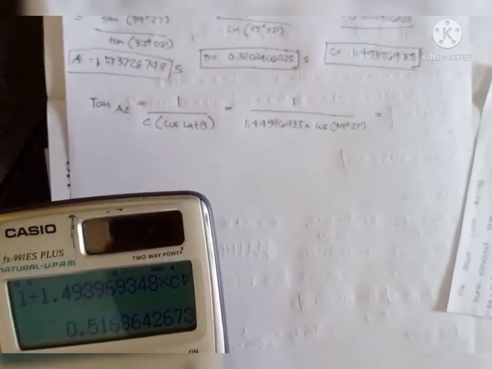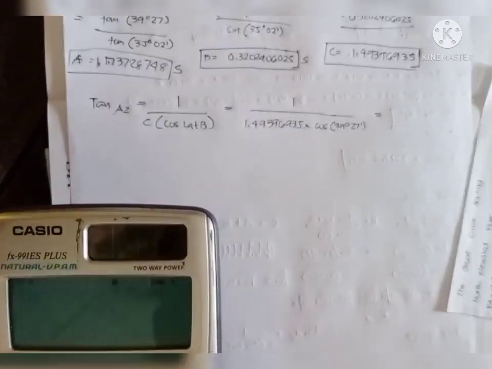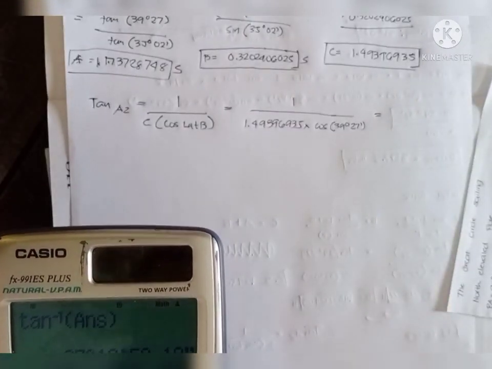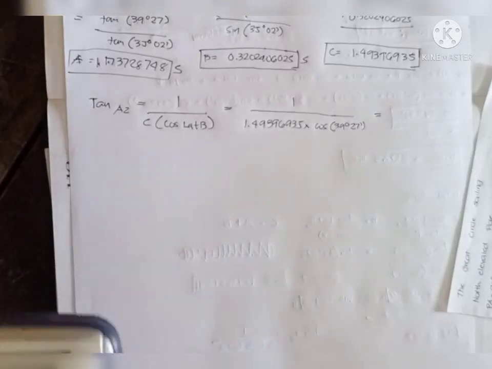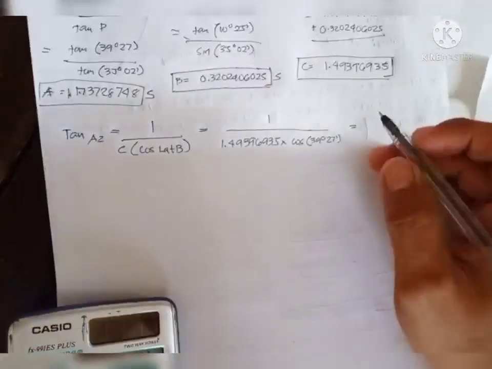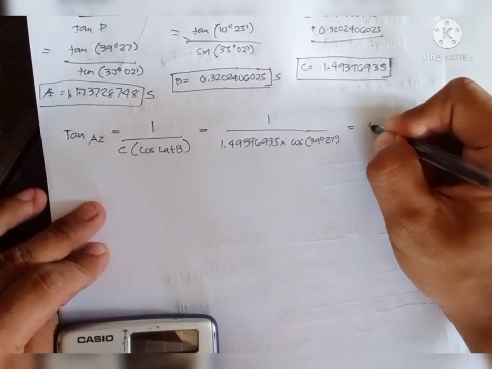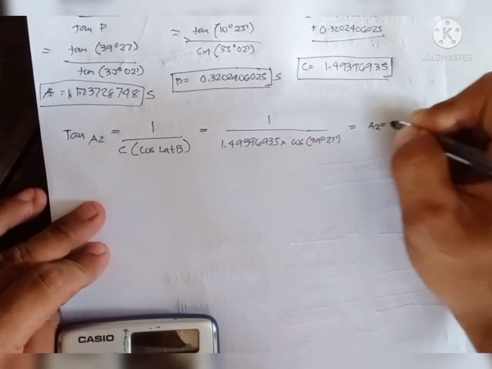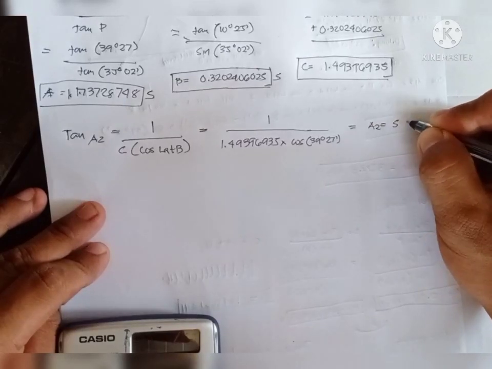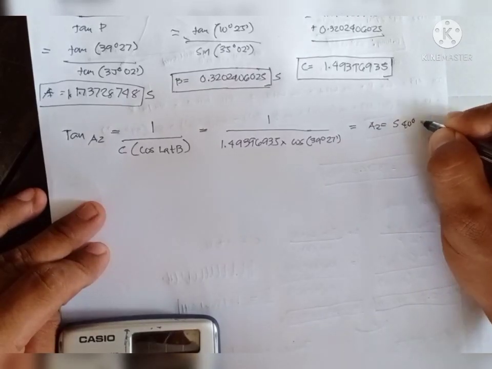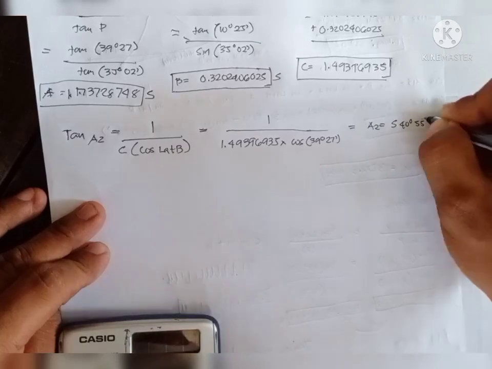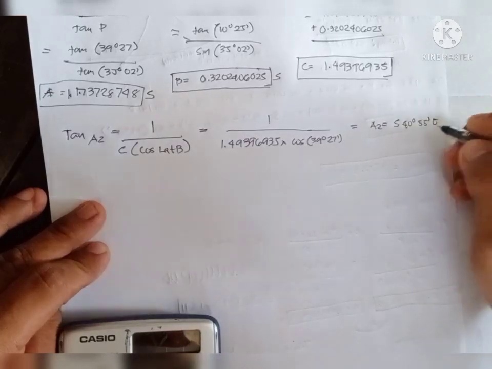Then shift tan the answer and convert this to degrees. So we'll come up to the answer of our AZ, which is south 40 degrees 55 minutes east.